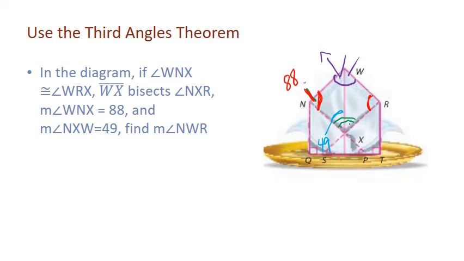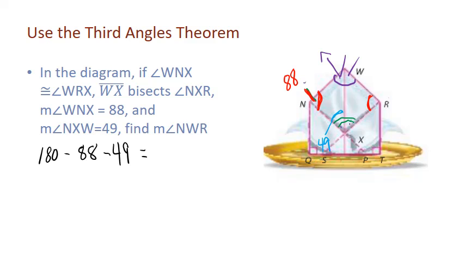If in a triangle, all the angle measures are going to total 180, and we know that WNX is 88, and we know that NXR is 49, then the angle NWX must be equal to this.